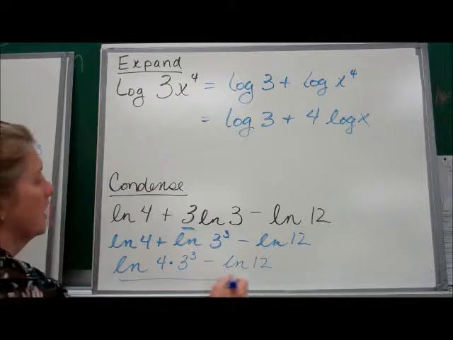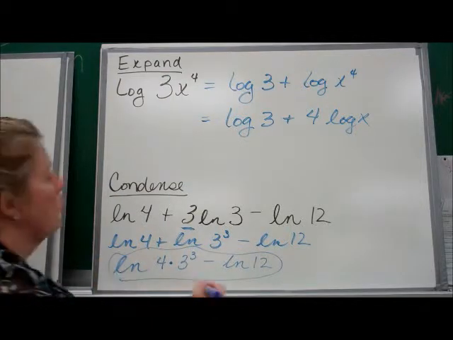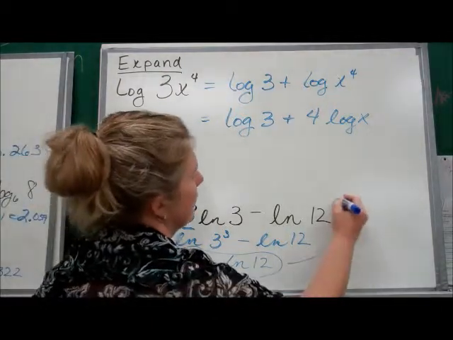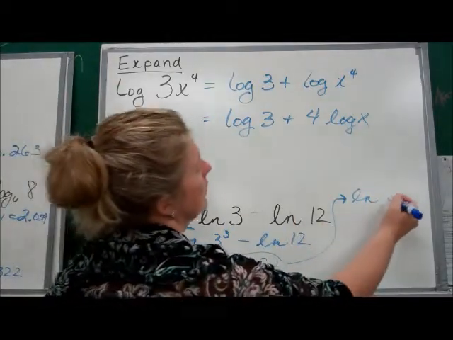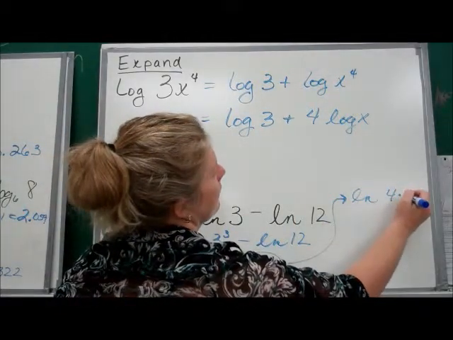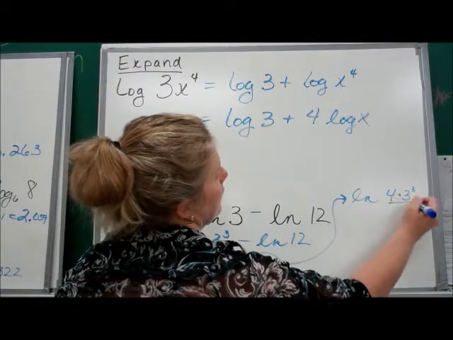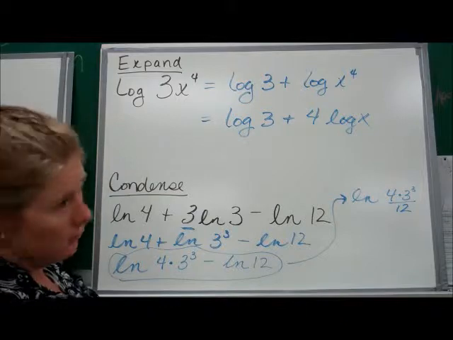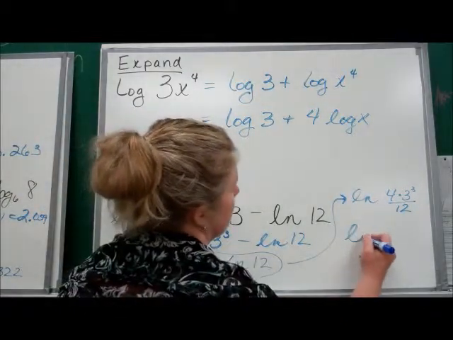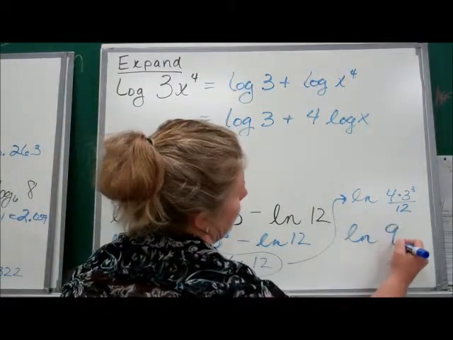Now this is going to become a quotient, so it's going to be the natural log of 4 times 3 cubed, and we're going to divide that by 12. Well, when we do that, that's going to simplify to the natural log of 9.